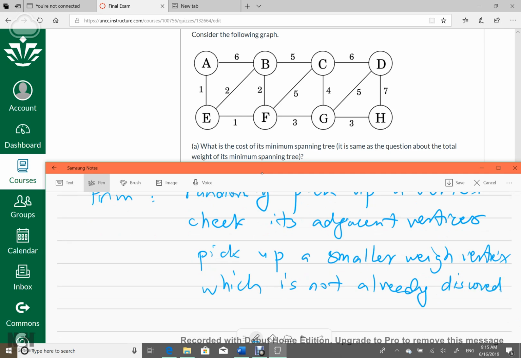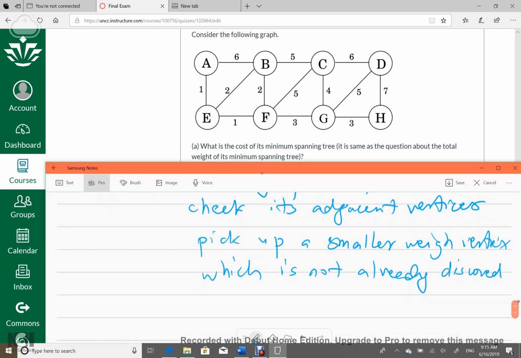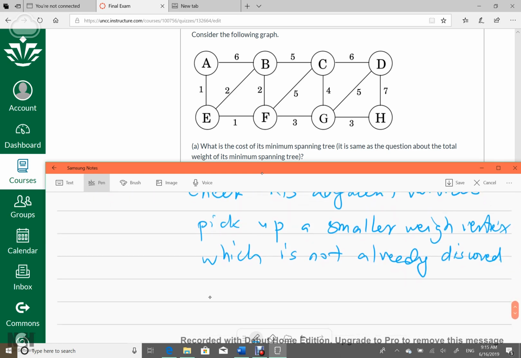You pick up that one, and then you increase.